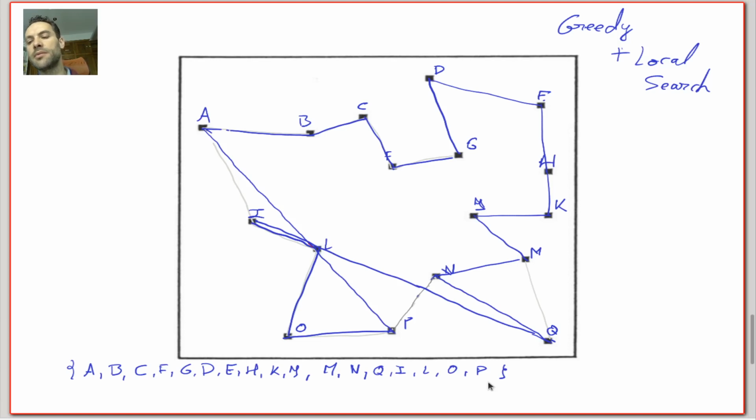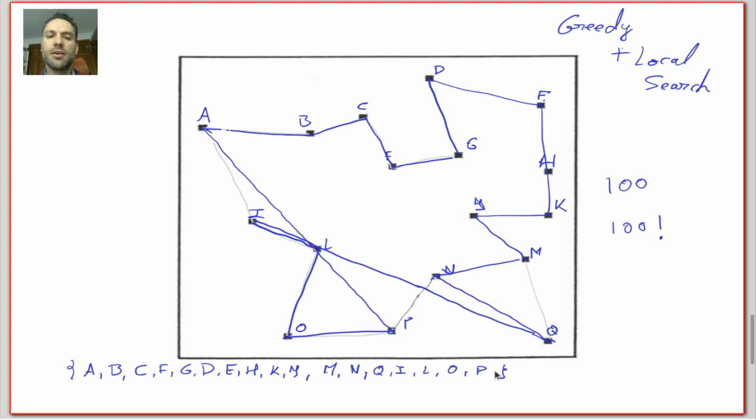If the problem had something like 100 cities, you know that there are 100 factorial different, well, not actually circuits, but different permutations of the cities. So there are so many possible solutions for this problem that it is very unlikely that we obtain the optimal solution with this procedure, greedy and local search.